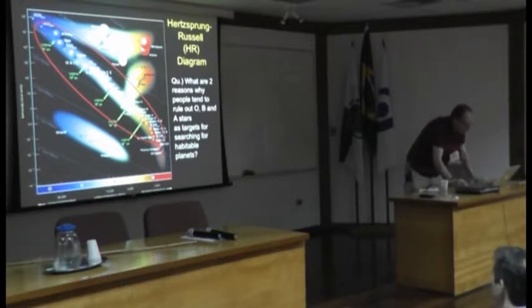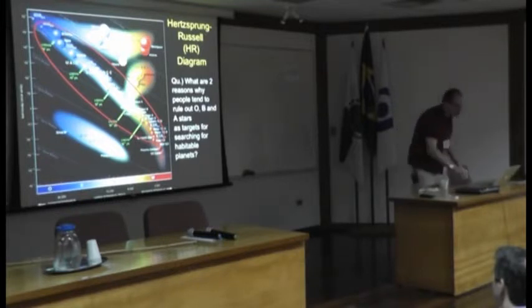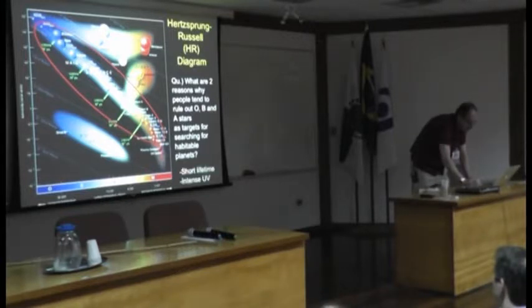And then, secondly, these stars have very intense ultraviolet and could drive. There are other issues, so atmospheres are more prone to escape, even if you're in a habitable zone.